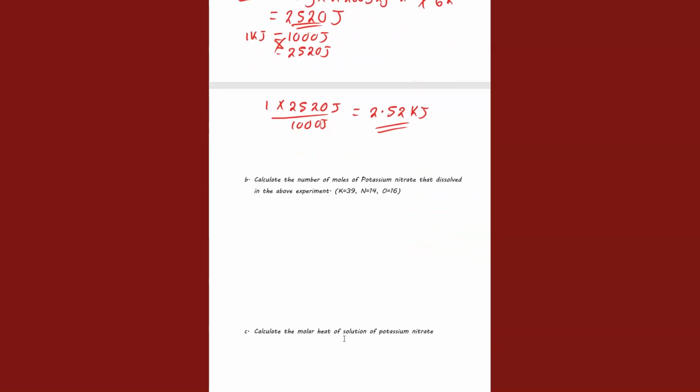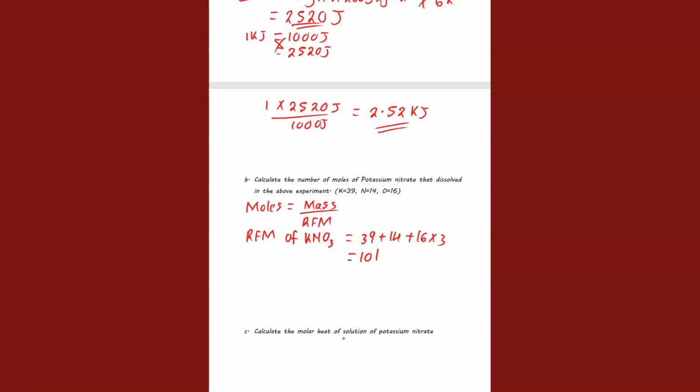Now we go ahead to the next question, which says, calculate the number of moles of potassium nitrate that dissolved in the above experiment. Now we know that moles are given by mass divided by the relative formula mass. The relative formula mass of potassium nitrate equals 39 plus 14 plus 16 multiplied by 3, which we get 101.